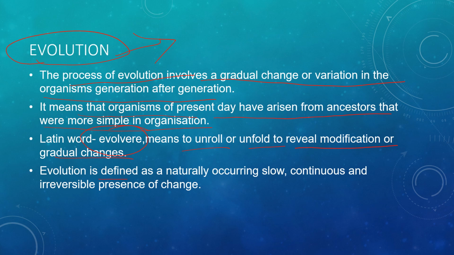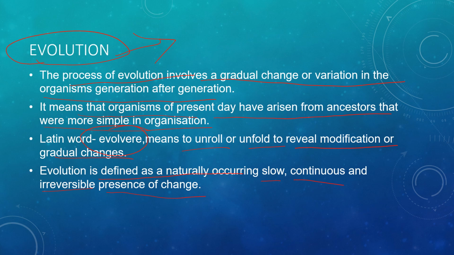So evolution is a slowly occurring process, which is continuous, and it is an irreversible change. Whatever changes are happening generation after generation can't be reversed. Suppose there are several external visible characters which have changed gradually generation after generation.